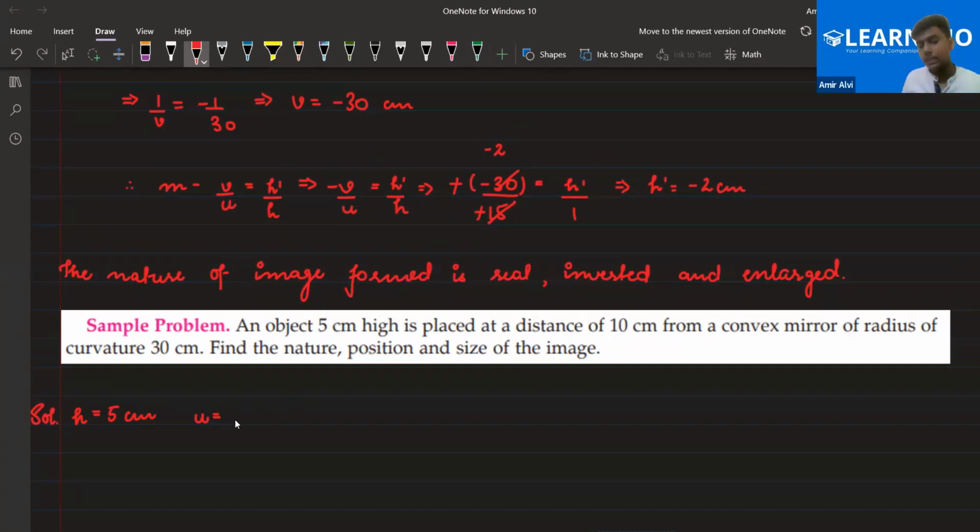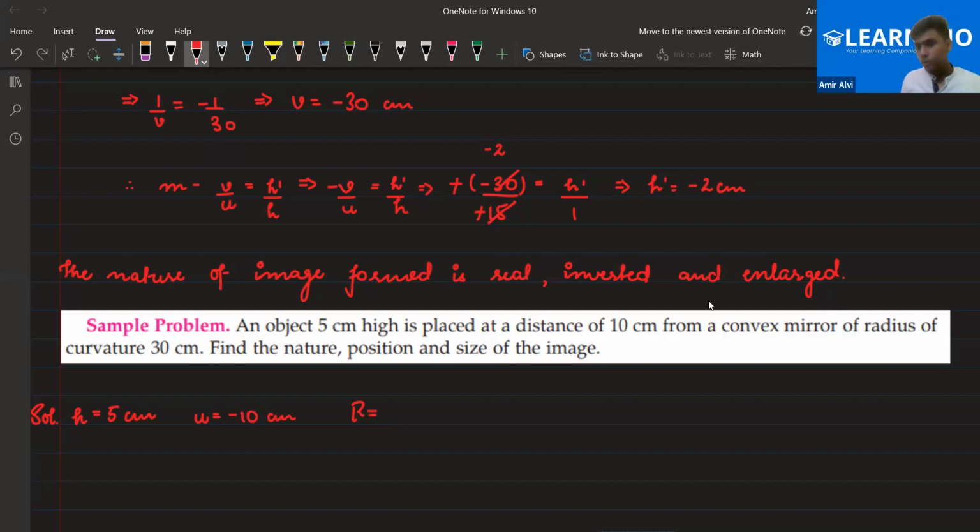Every time you write the object distance, it is always going to be negative, irrespective of the type of mirror, whether it is convex or concave. Clear, everyone? Because it is placed on the left hand side. In this case, the radius of curvature is given to you as 30 centimeter.